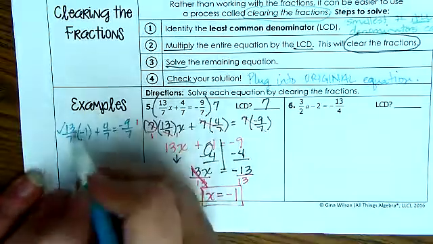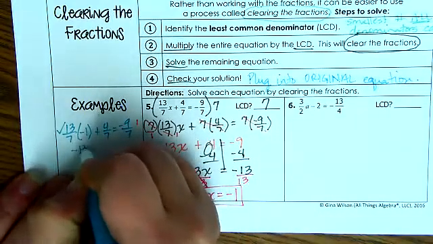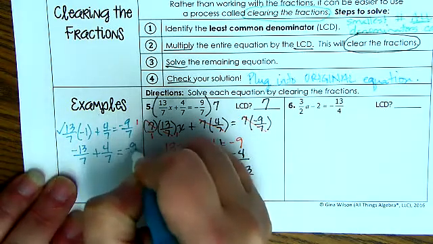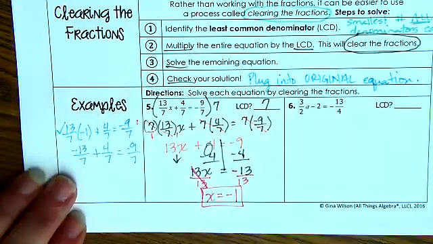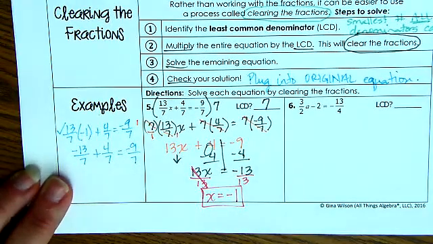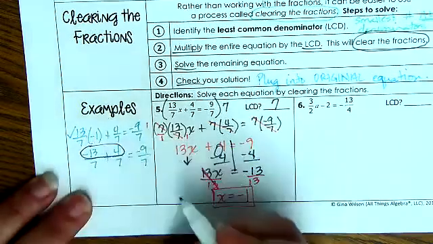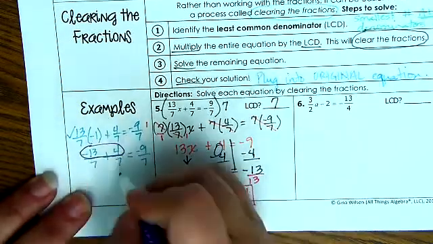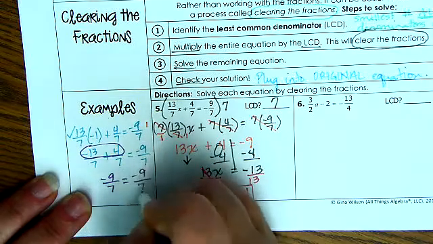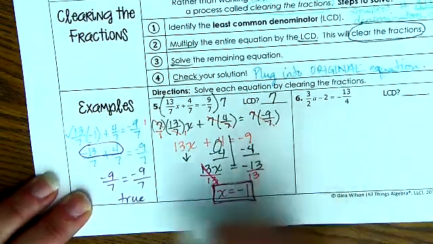So now we simplify. That's negative 13/7 plus 4/7 equals negative 9/7. Well, in actuality, guys, when you're working that, because they all have a denominator of 7, I am only looking at the numerators, which negative 13 plus 4 is going to give me negative 9. So negative 9/7 equals negative 9/7. This is true. So this is my correct answer.